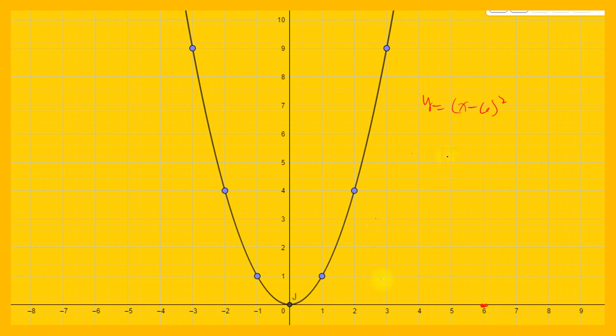This one is y equals x squared plus 1. Try to look at the pattern there. This one is y equals x squared plus 5, and I'm going to name them y sub 2, y sub 3. And this one is y sub 4 equals x squared minus 3.